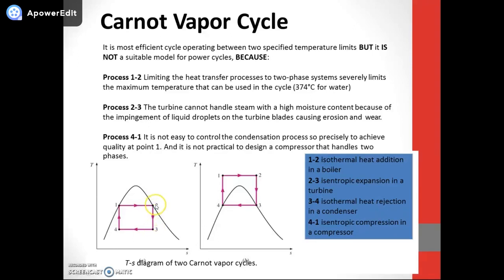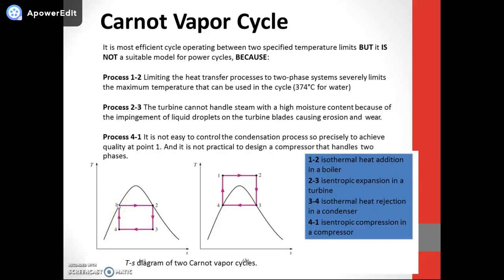As you can see, this is vapor. From 2 to 3, we have partly vapor and partly liquid, so we are dealing with liquids as well, right? So it can cause erosion and wear to the turbine blades. For process 4 to 1, it is not easy to control the condensation process so precisely as to achieve the right quality at point 1.